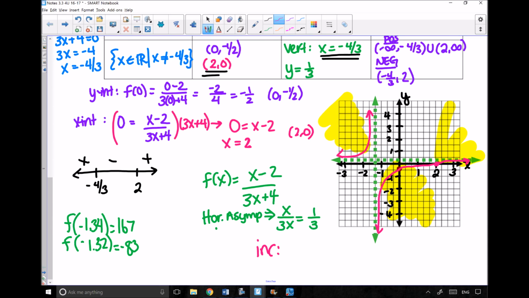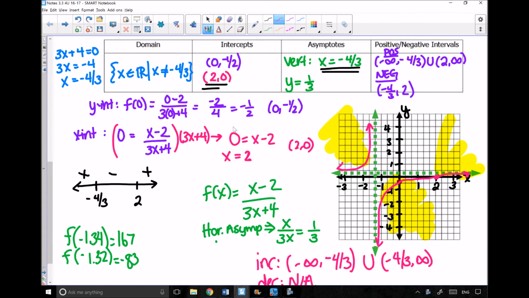Well, it's increasing everywhere except at -4/3, and it's not decreasing anywhere at all. So I can say it's increasing from negative infinity to -4/3, as well as from -4/3 to infinity. Where is my graph decreasing? It's not at all. Okay?